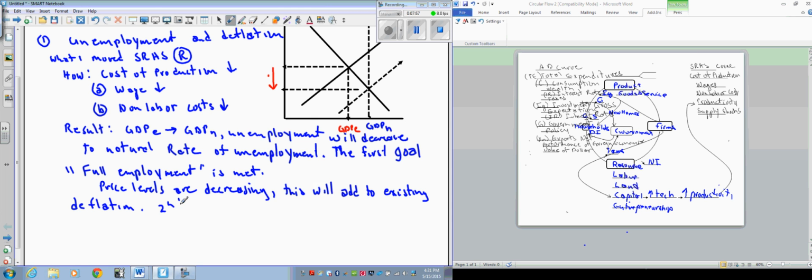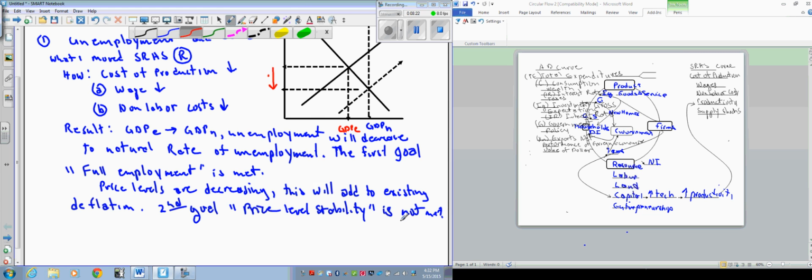So our second goal of price level stability is not met. Not met. That's what's going to happen in the first scenario when you use classical economics. You're not going to get your price level stability.